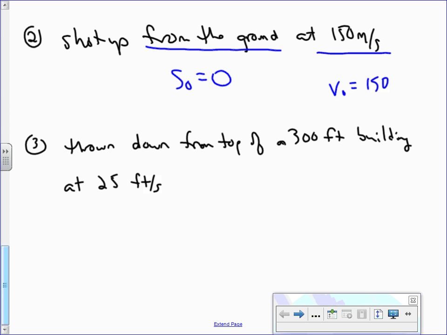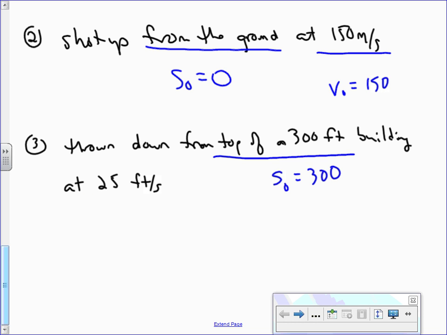Or is that the speed of it? So there's a difference. I don't want to drop this because it's expensive. If I just let go of it versus if I go like that and let go of it. Yes? Okay, one of them is drop, the other one is thrown down. Okay? So the two pieces of information in here is that it starts at the top of the building. So what is that piece of information? That's s of 0. Okay?